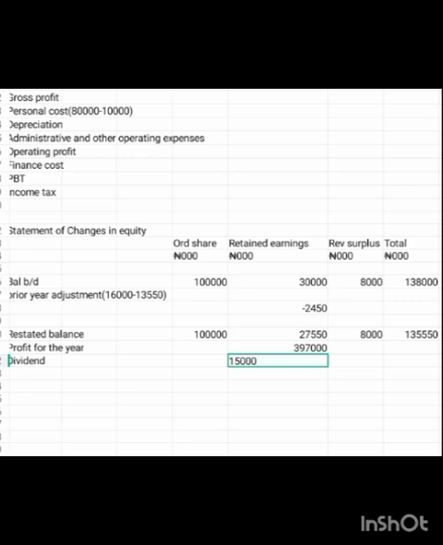Actually, let me just put it in bracket. The minus sign is there because I put it in bracket. So then we add the three together. It now gives us 409,000.